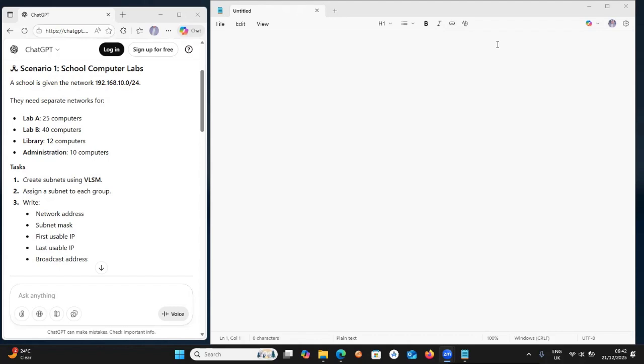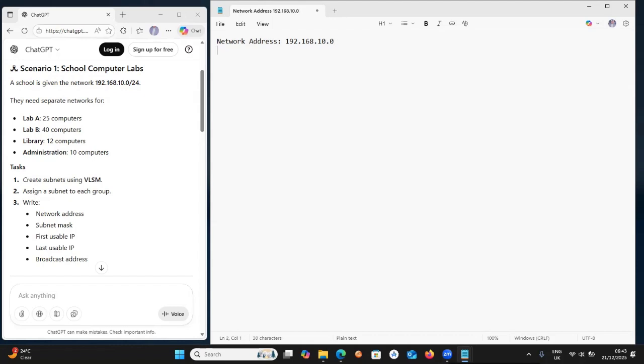The first thing we have to do is look at the network address that we are dealing with. The network address is 192.168.10.0.